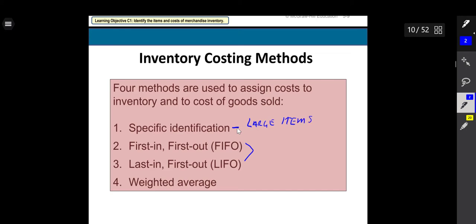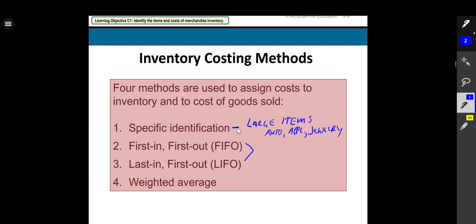This is going to be with somebody who has large ticket identifiable items that have individual serial numbers or individual ID numbers on them, like an auto dealer, maybe an appliance dealer, or perhaps even a jeweler.